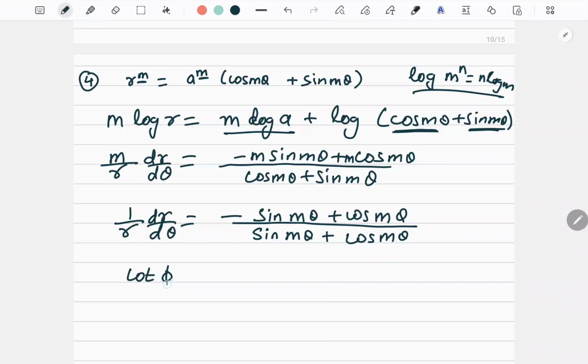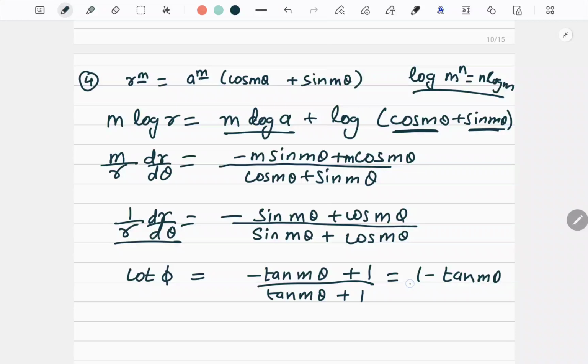So cot phi by the formula is equal to (minus tan m theta plus 1) upon (tan m theta plus 1), so (1 minus tan m theta) upon (1 plus tan m theta).